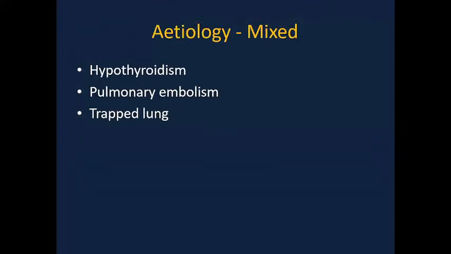If your picture is more mixed, this is a situation where you can get either a transudate or an exudate. This would include hypothyroidism, pulmonary embolism, and what is referred to as trapped lung.